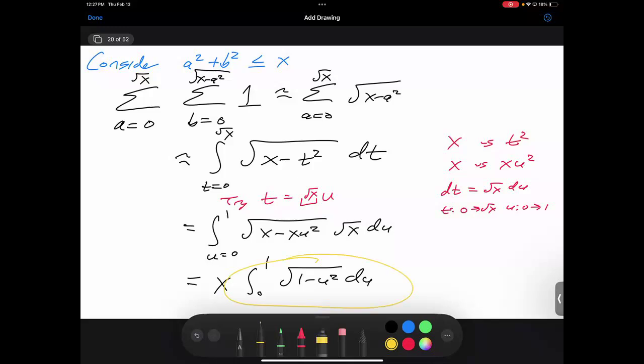And notice this is independent of x. So the fraction of numbers I get is going to be less than 1. That is not the most pleasant of integrals to do, but I know it's less than 1 because the integrand is at most 1, and it's less than 1 over large regions.